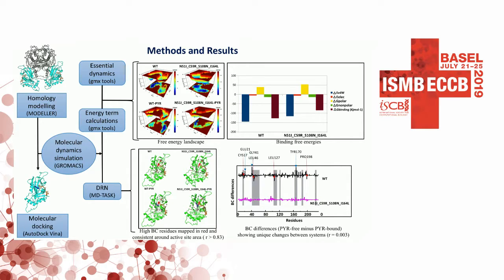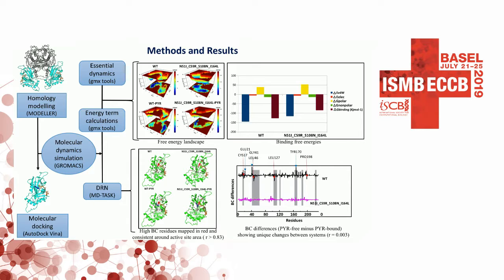And then we further looked at dynamic residue network analysis, where we realized that the active site region of this enzyme was a high communication area with respect to inter-residue communication. And this was seen by high betweenness centrality values for residues in this area.